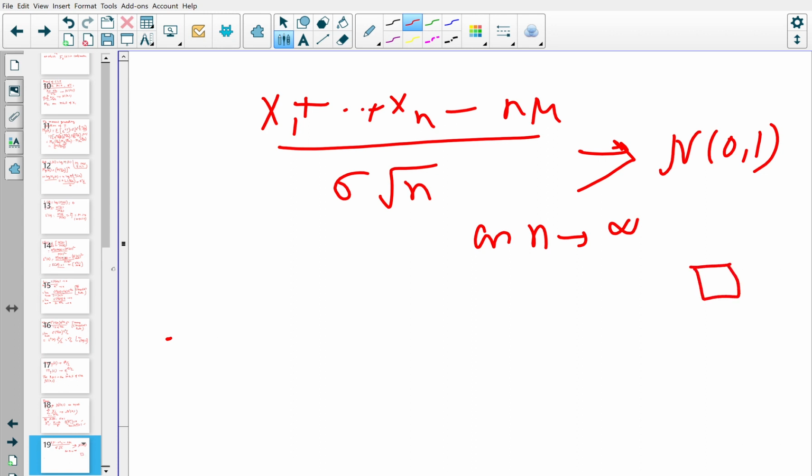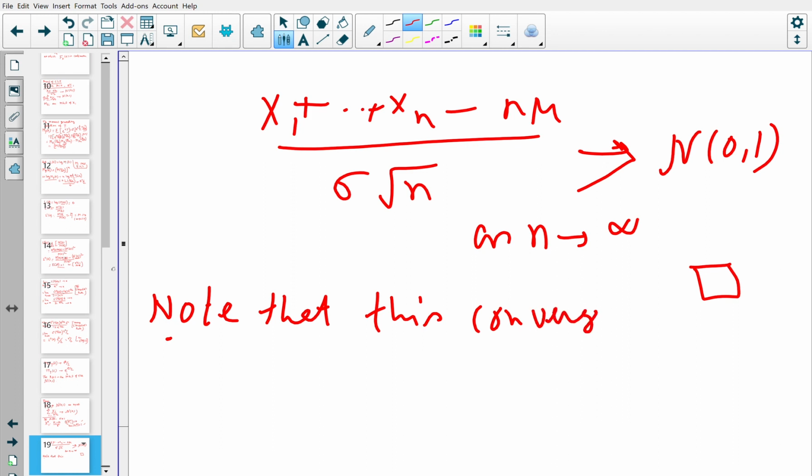Now, though we proved this pointwise convergence, note that this convergence is actually uniform. So what does that mean?